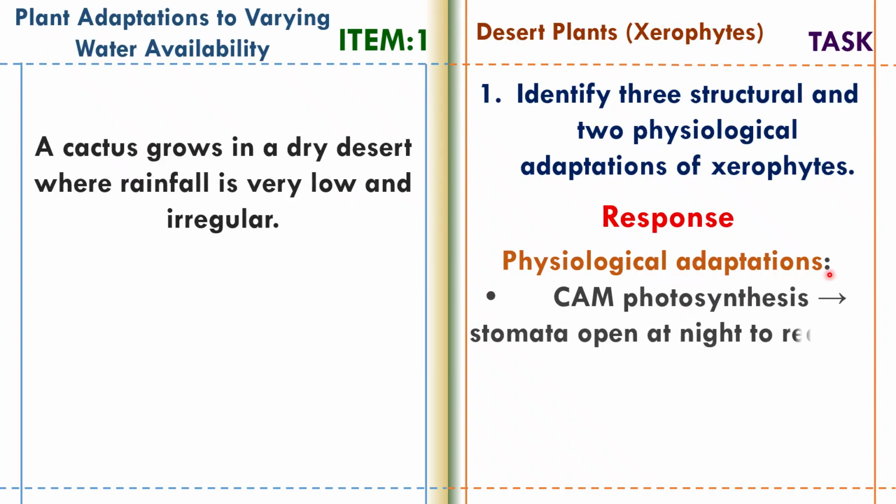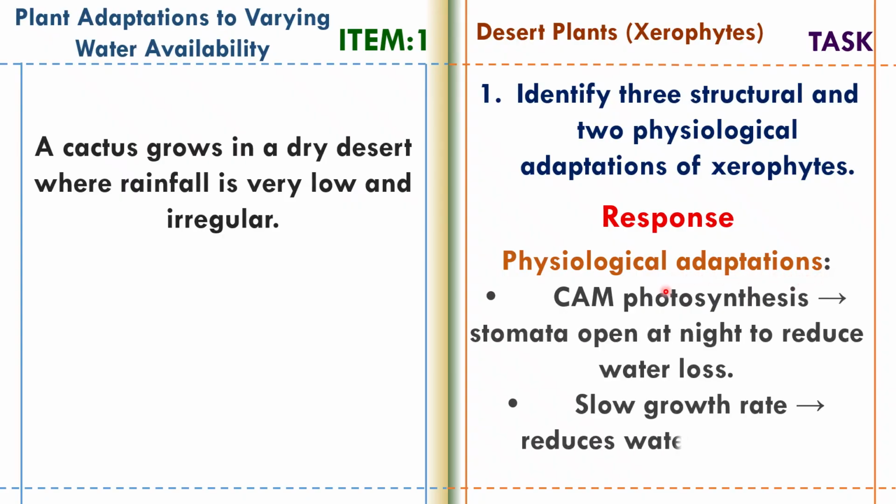Physiological adaptations: they have CAM photosynthesis. The stomata open at night to reduce water loss. Slow growth rate. This reduces water demand.